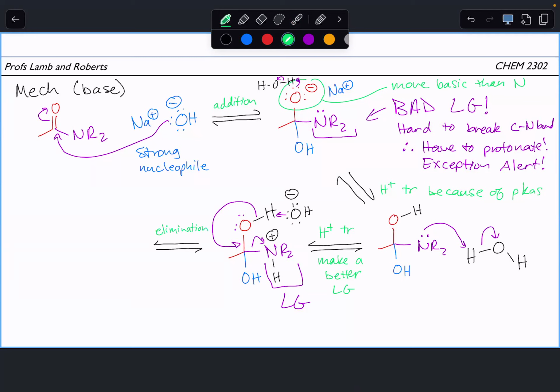So this is our elimination step. So we made our carboxylic acid. We made an amine. We technically made water again. We still have base.